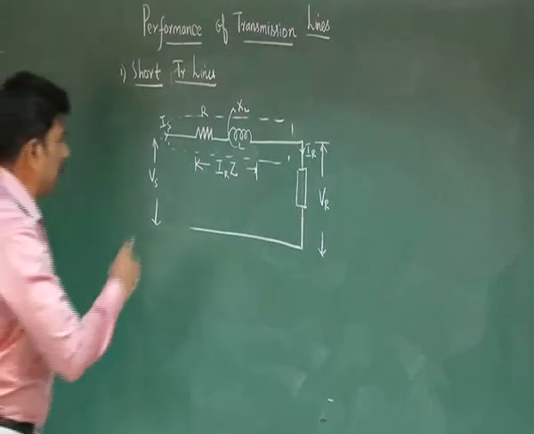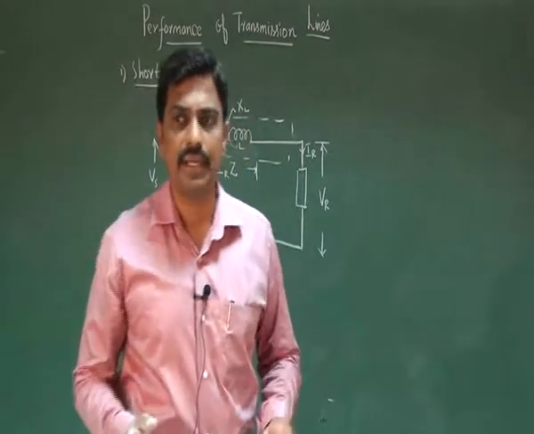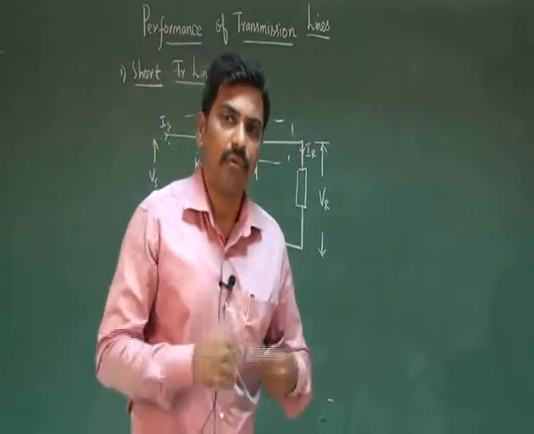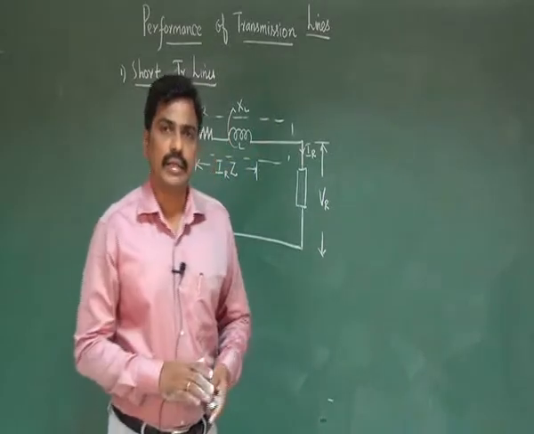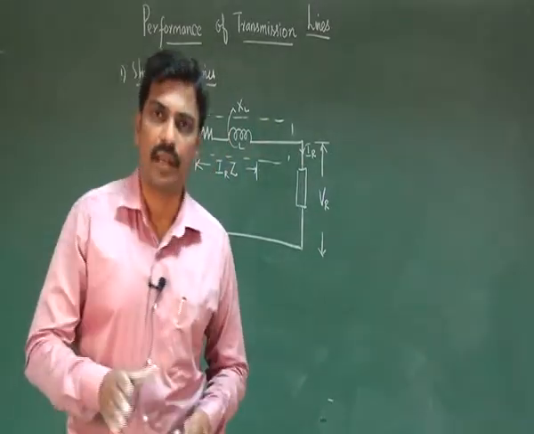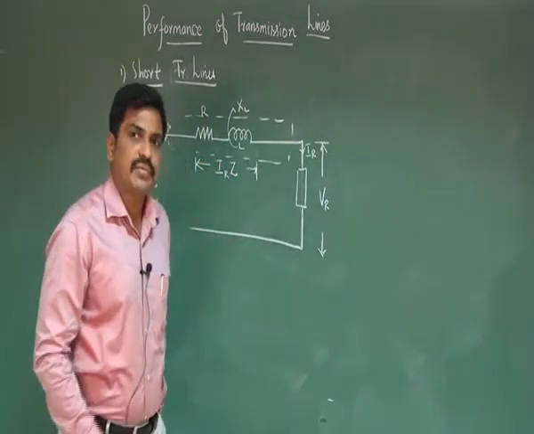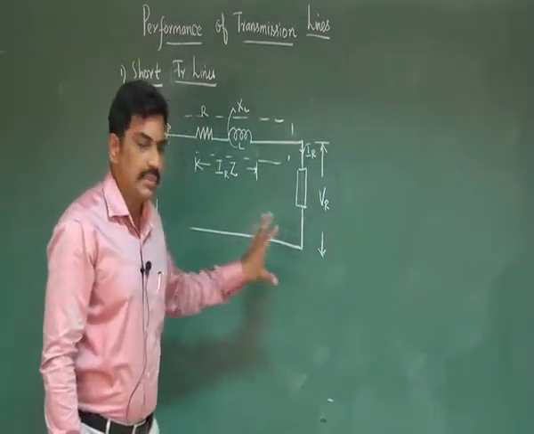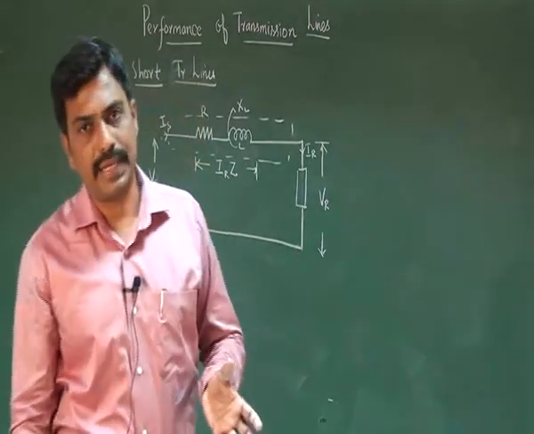Since all the values involved in power system components are vector quantities, not scalar quantities, whenever you involve vector quantities, sometimes the approach of ABCD constants may lead to some problems and provide some error.